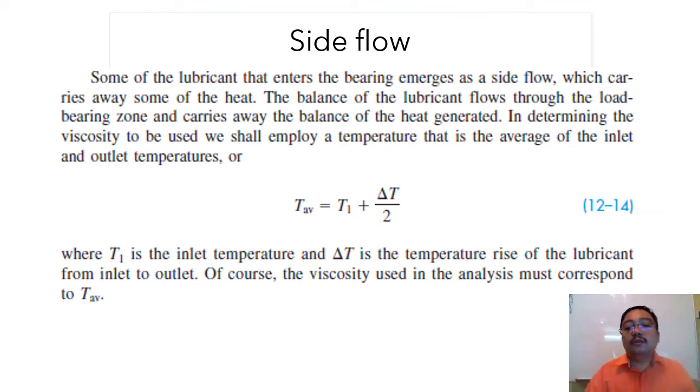So we want to know the average temperature because the heat coming in and the heat coming out is different. In order to use the graph by Raymond and Boyd, we have to know the average temperature. The average temperature is given by equation 12-14.